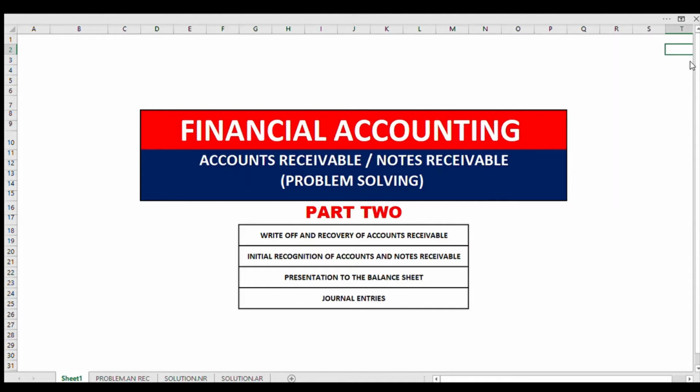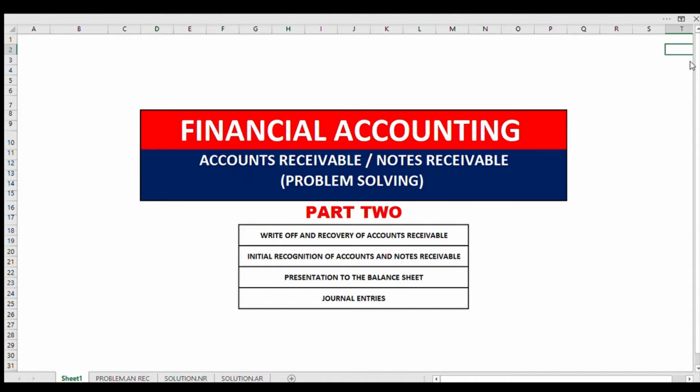We will just be having a sort of problem solving session. We have prepared a set of problems to solve and to analyze so that we can complete this whole session of our accounts receivable and notes receivable.